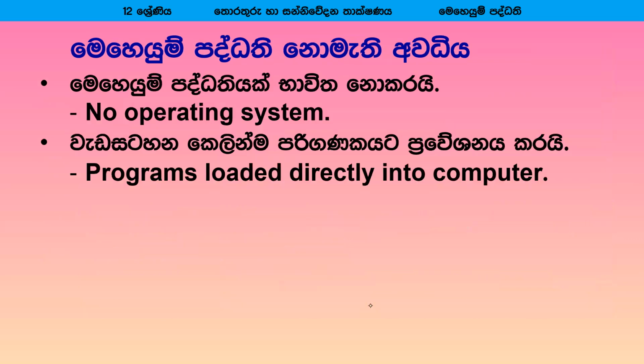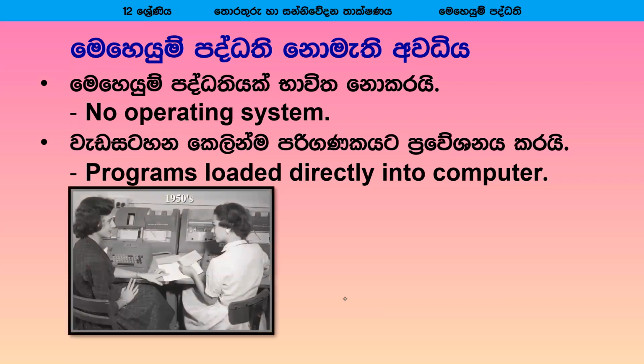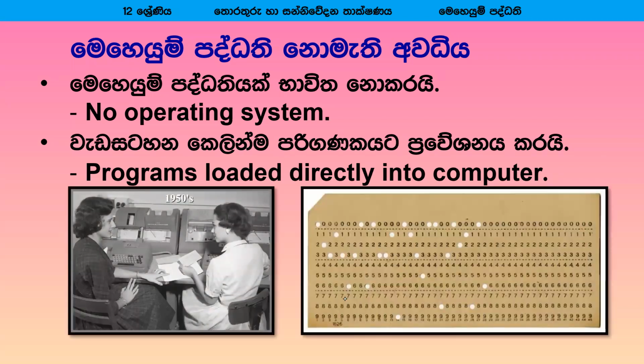There was no operating system to act as an intermediary. So the programs were given directly to the computer, to the processor literally, and the processor will execute it at once, right? So that is pretty straightforward, right?